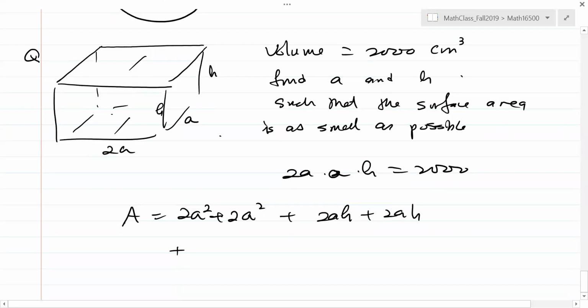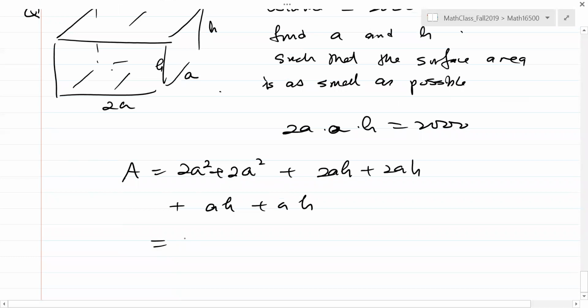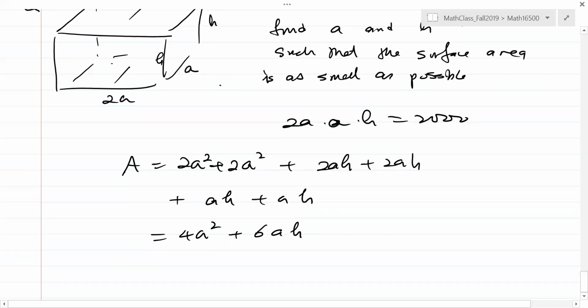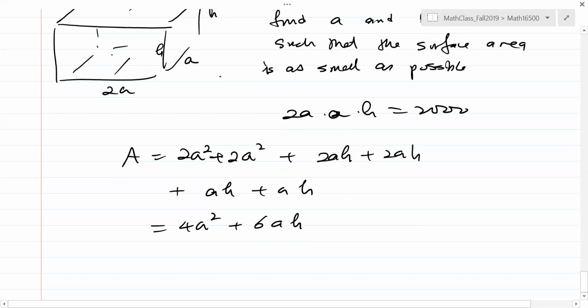Then 2h, and a times h on the side. Total 6: left to right, top and bottom, front, back. So add them together, you get 4a squared, and how many ah? 6ah. So you get this. You want to minimize the surface area.